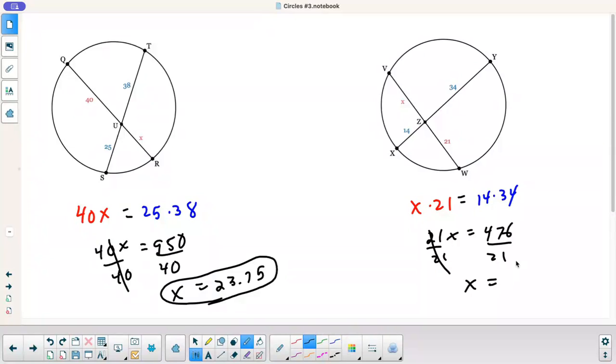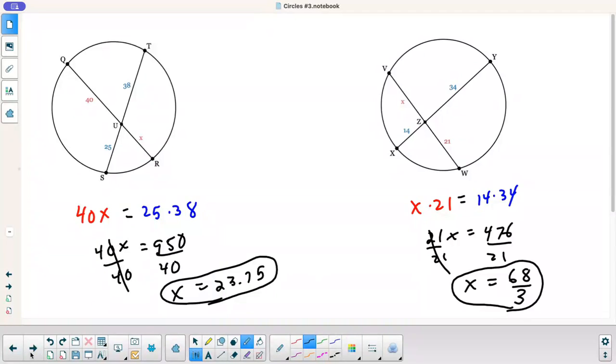And I get a repeating decimal, so I'm not going to round it. Unless it says specifically in the problem to round, I'm going to convert it to a fraction. So I'm going to hit the decimal to fraction button on my calculator and then convert it to an improper fraction, because I like improper fractions better than mixed numbers. And that's what we get.